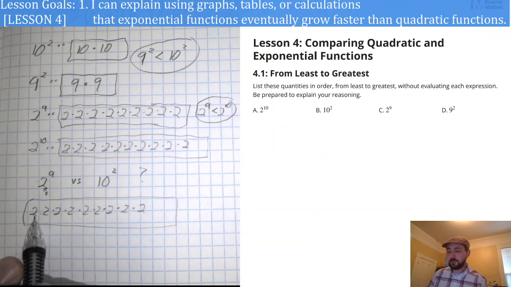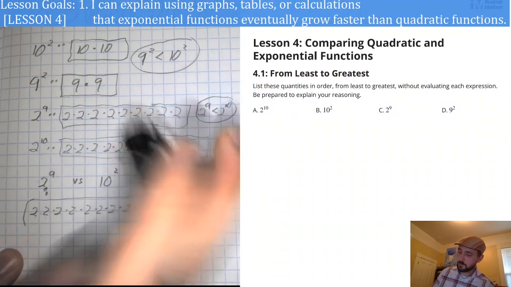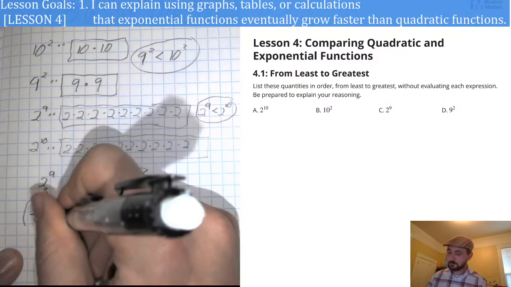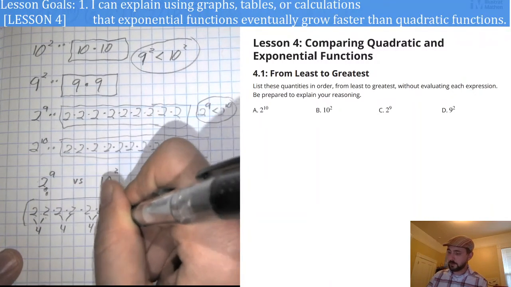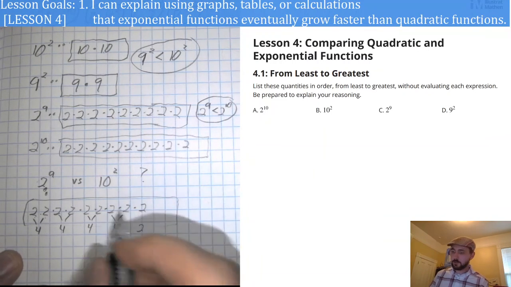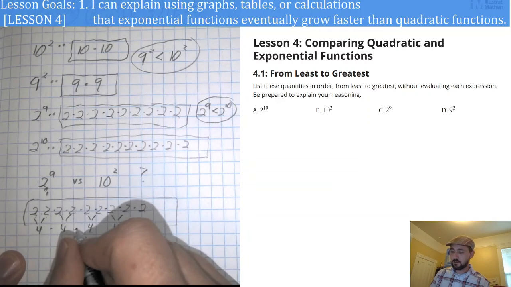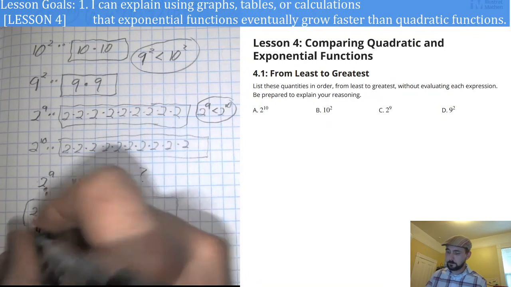So I know that 2 times 2 is 4. Yeah, let me give myself some extra room. All right, so 2 times 2 is 4. And these 2's would also become 4, and these 2's would also become 4, and these 2's would also become 4. And then there's an extra copy of 2 at the end. So I can combine these, instead of saying 9 copies of 2, I can do 1, 2, 3, 4 copies of 4 with a remainder copy of 2. And then I'm going to do it again.